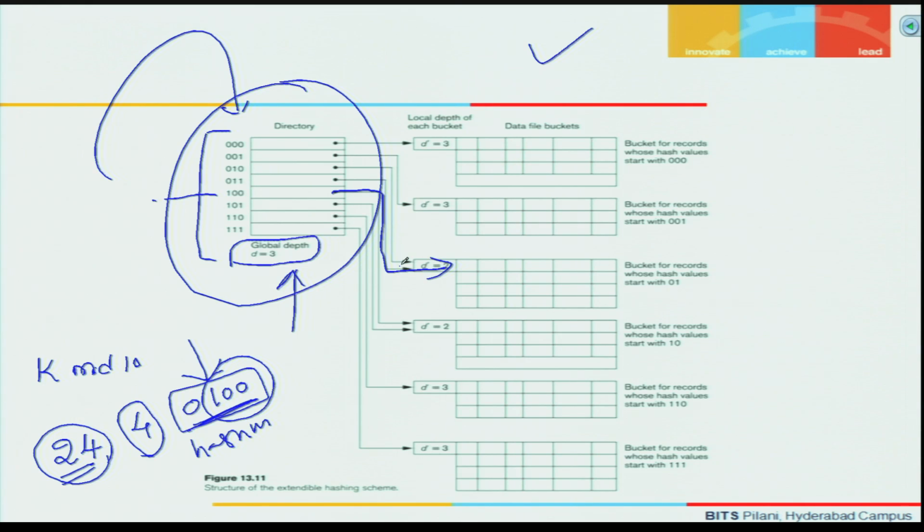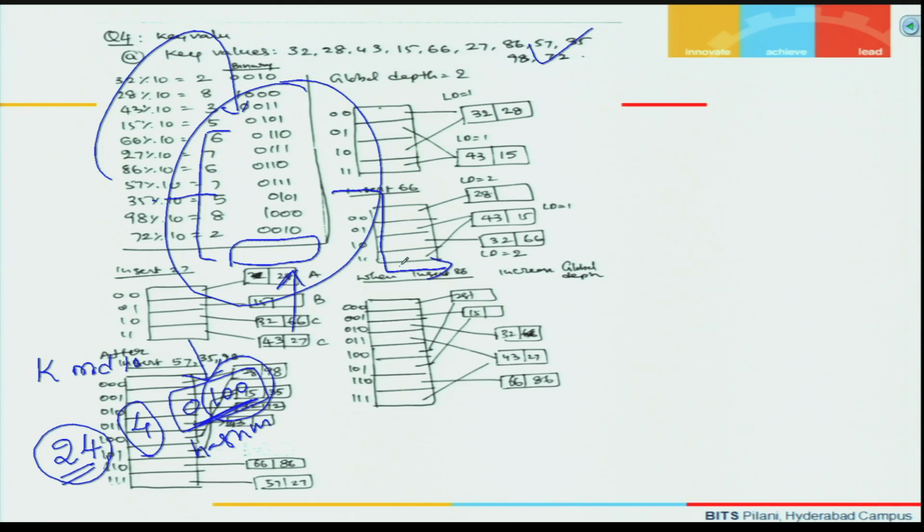Hence, we have global depth, which is used for the directory structure, and local depth, which is used for the actual buckets where we store the data. We make the search for a required bucket using this directory structure. When we have a look at an example, things will be clearer.